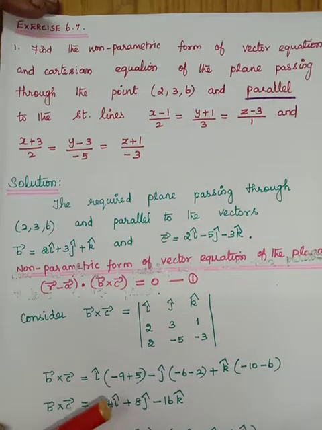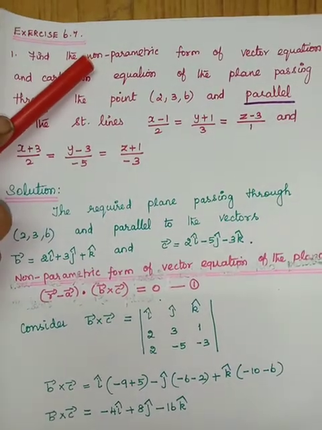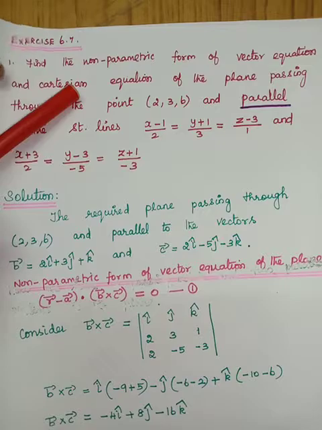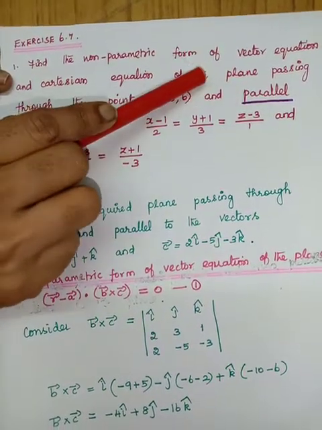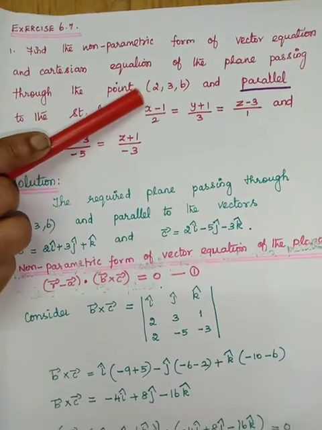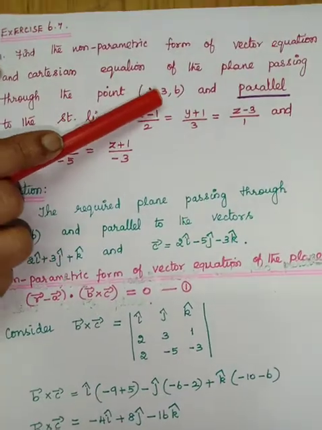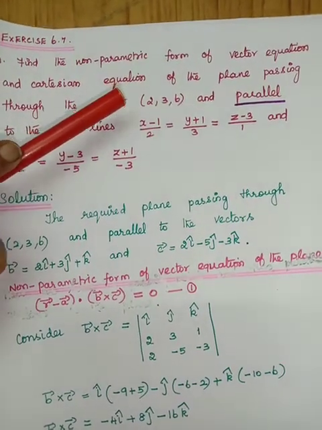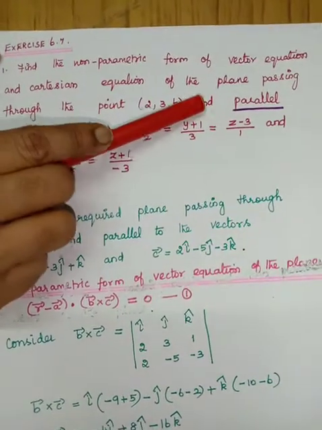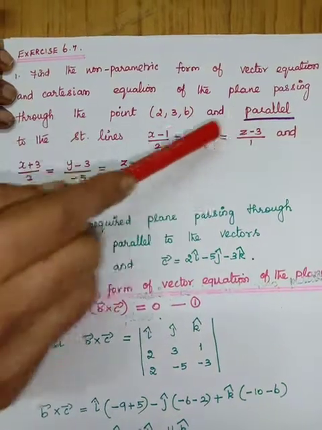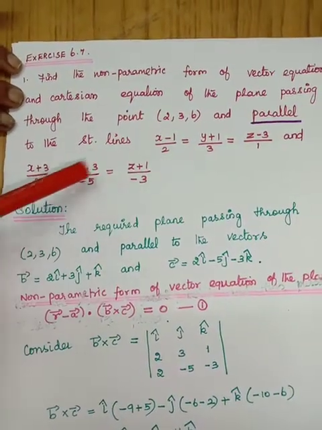So we have to find the non-parametric and Cartesian equation of the plane. The plane passes through one point, that is 2, 3, 6. So one passing point is given and the plane is parallel to two given lines.